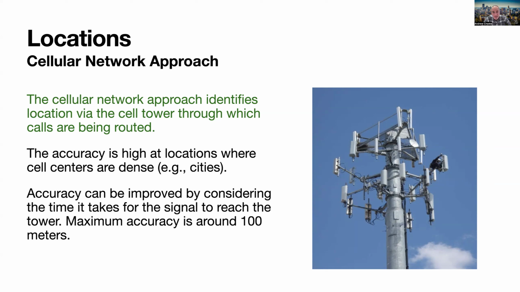So the accuracy of cell phones is high in cities, but low in rural areas. The accuracy can be improved by considering the time it takes a signal from the tower to reach your phone. But in general, cell phone accuracy is around 100 meters. It might not matter in certain applications, but if you want precise locational information, GPS is going to give you that better than your cell phone network, right?